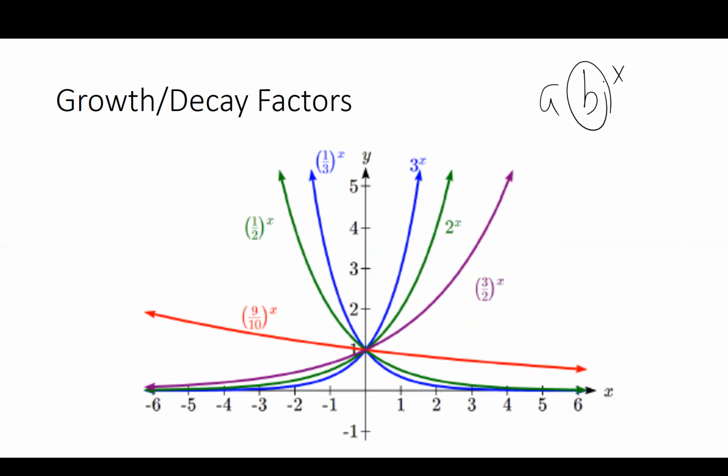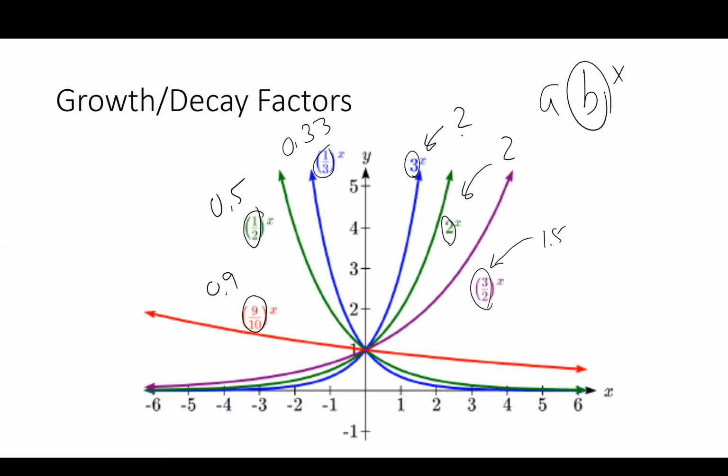So let's parcel this up. Something I'm noticing about these b values: 3/2, you could think of that as 1.5. Here we've got 0.33, 0.5, 0.9. For all of these values, they're bigger than 1, and what happens is all of these graphs are shooting up into space.